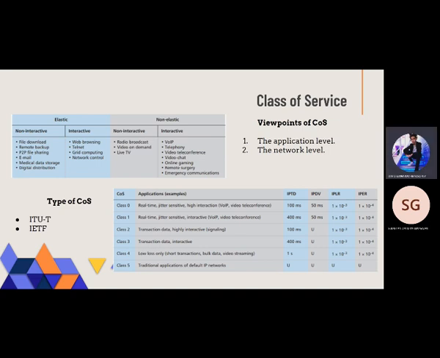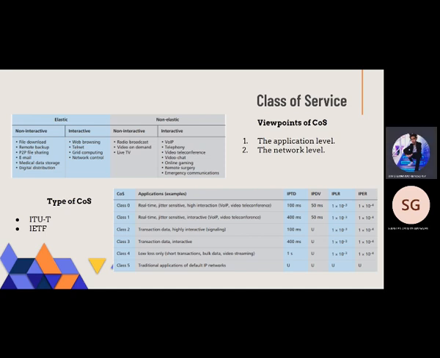And the second of this class of service is the network level. The realization of the quality of service at the network level is supported by mechanisms at layers 1 to 4 of the OSI model and is specific to the network technology, protocols, and network architecture. Now the class of service is divided into different types.